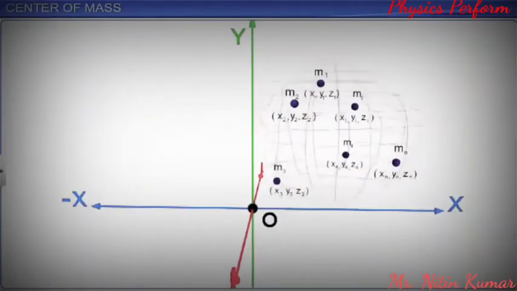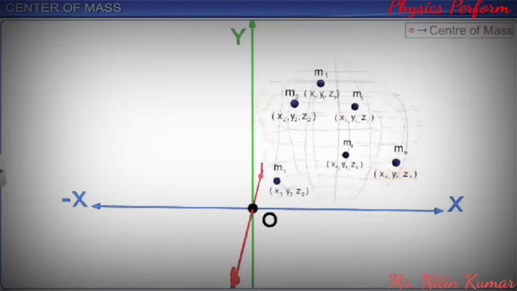Let us consider a system of n particles with masses m1, m2, mi, mn, and the positions of these particles represented by x1, y1, z1; x2, y2, z2; xi, yi, zi; xn, yn, zn.